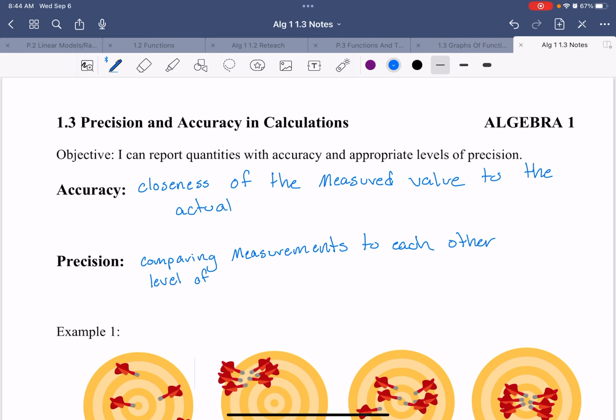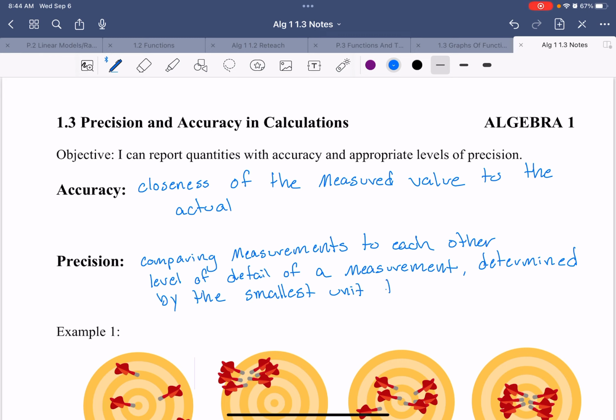The level of detail of a measurement, okay, and that's usually determined by the smallest unit that can be measured.